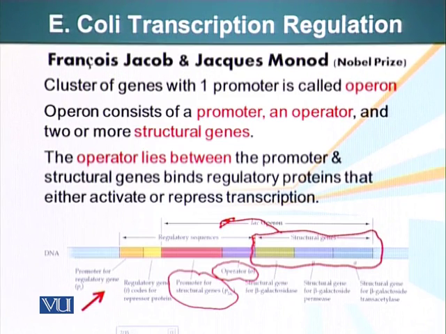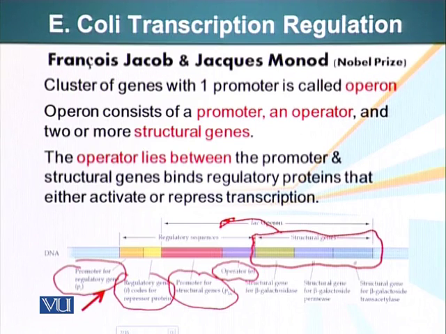Upstream from this region is another segment of DNA which has genes that encode for proteins that can bind the operator. So this is the regulatory gene and this is the promoter of this regulatory gene.